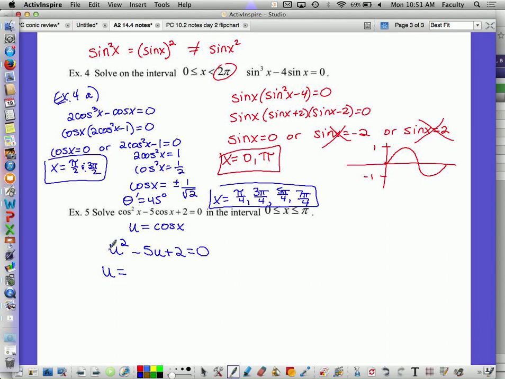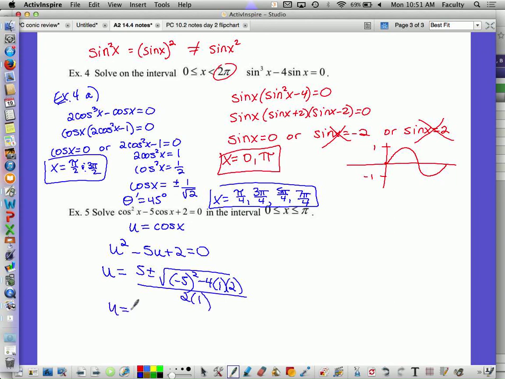That x is this x, which is an angle, and you can't use it that way. So we're going to let u equal negative 5 plus or minus the square root of negative 5 squared minus 4 times 1 times 2 all over 2 times 1.